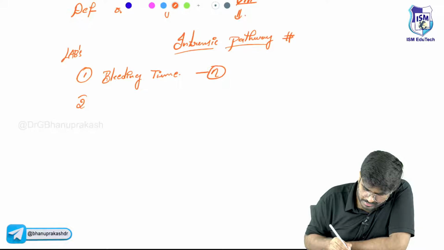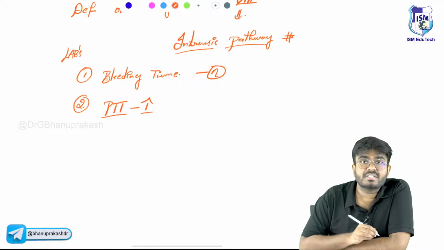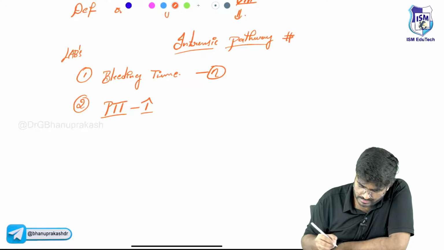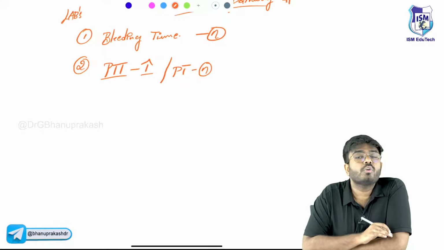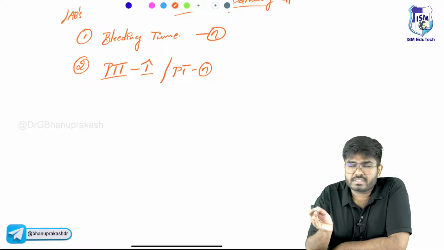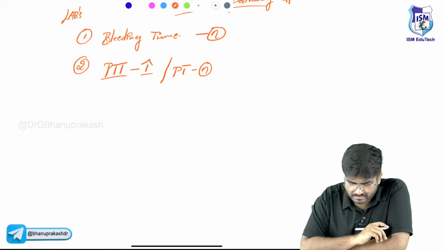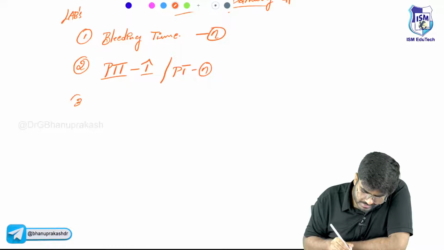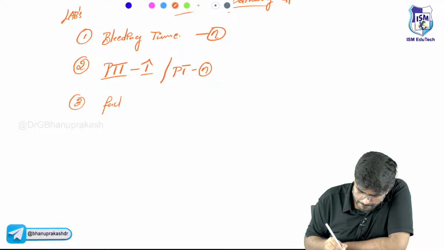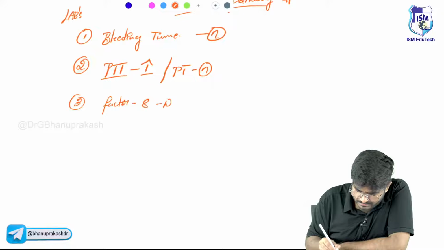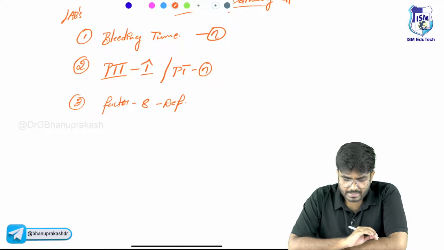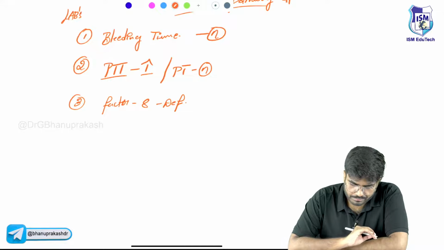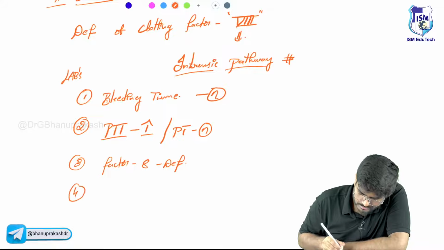What about the PT and PTT? Here the PTT is elevated because PTT measures the intrinsic pathway, and factor 8 is involved in it. PT is normal, as there is no defect in the extrinsic pathway. Factor 8 deficiency is seen, and platelet count is normal.